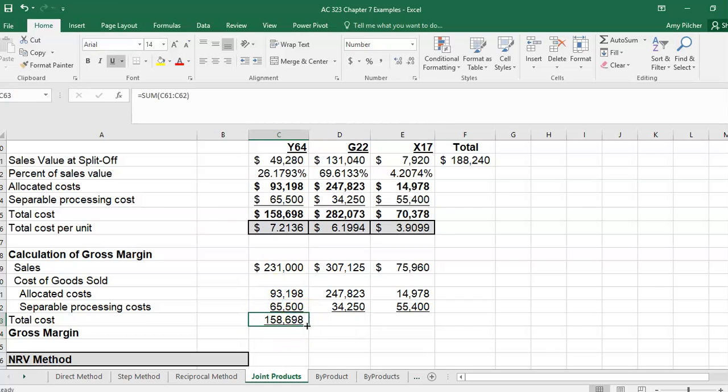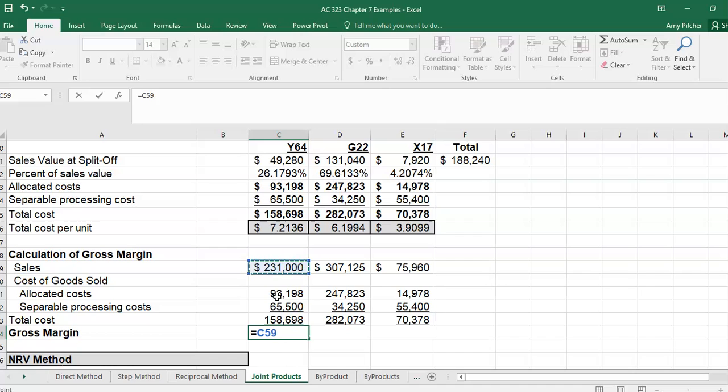Our gross margin is our sales minus costs.